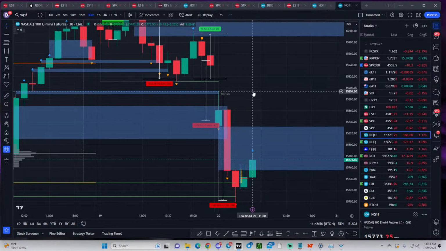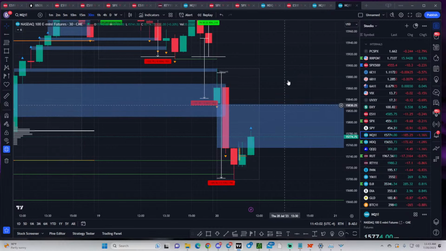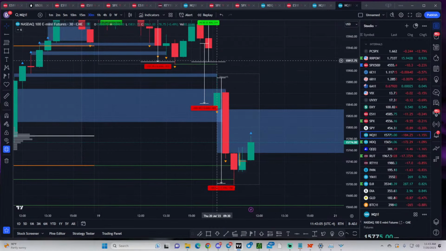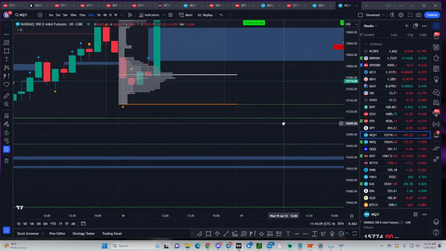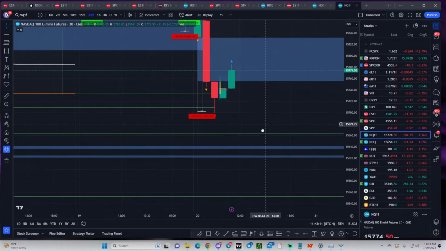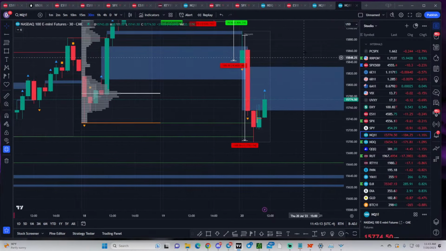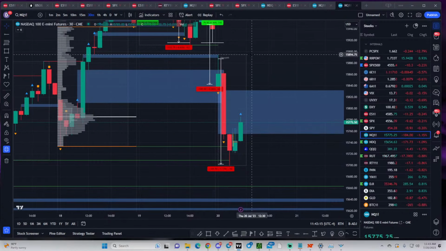It didn't get there. So this right here was the gap fill. The 911 still is. So now we have a gap here that needs to be filled. And when is it going to happen? I don't know. So that is a gap. We call it a true gap.